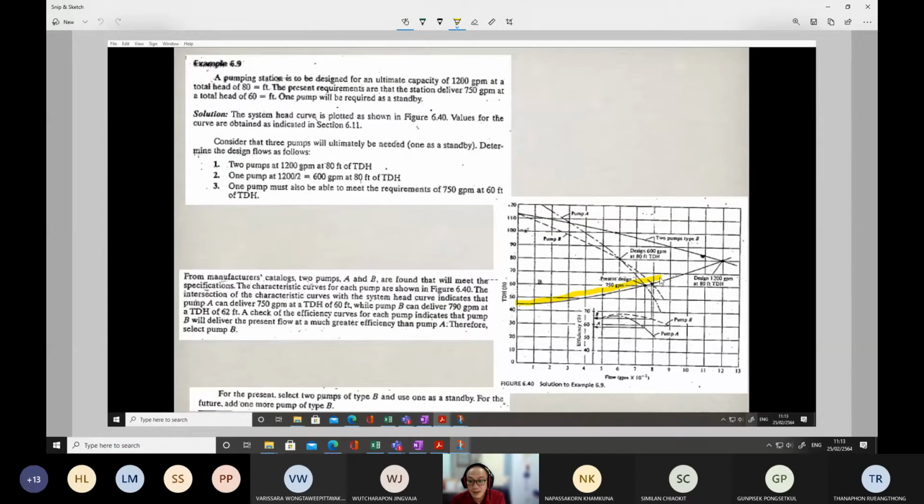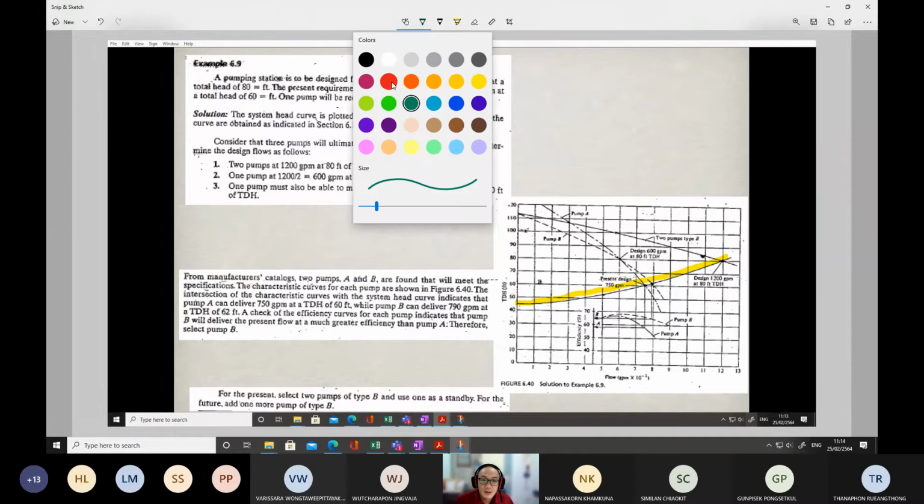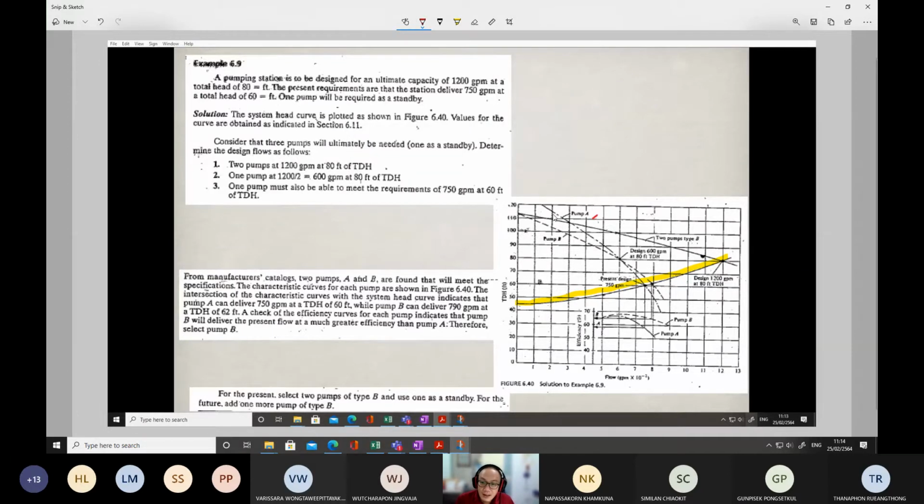I just highlighted it with the yellow line. We have two pumps. We have two options. The first option is pump A. Pump A has the characteristic like this. And pump B actually has the characteristic like this. This is pump B.